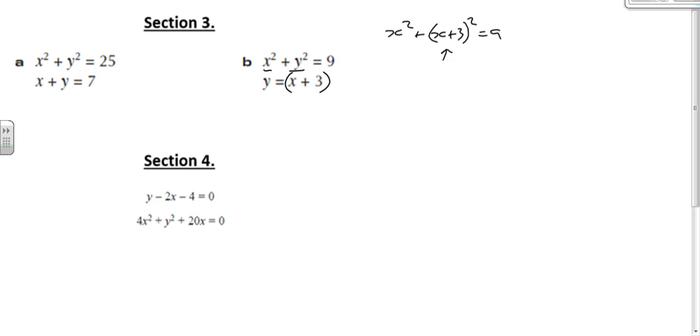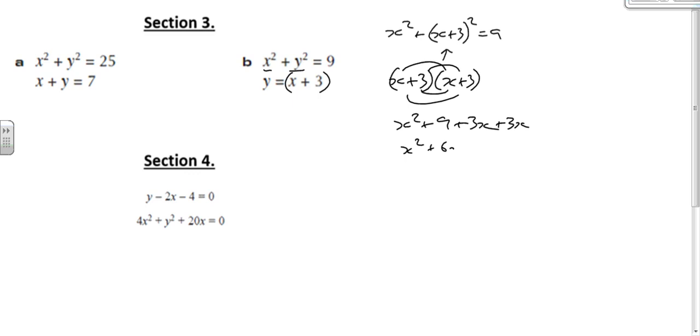And now what we're going to do is write out this bracket x plus 3 twice, because that's what a bracket squared means. You need to write out the bracket twice. Then we do the smiley face method, which by now should be the easiest part of this question. So x squared plus 9 plus 3x plus 3x. Simplify that. x squared plus 6x plus 9.